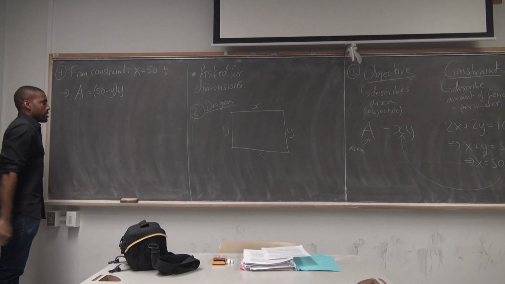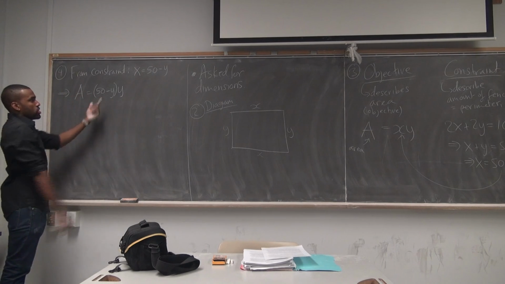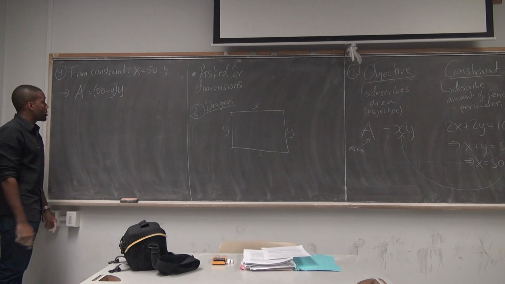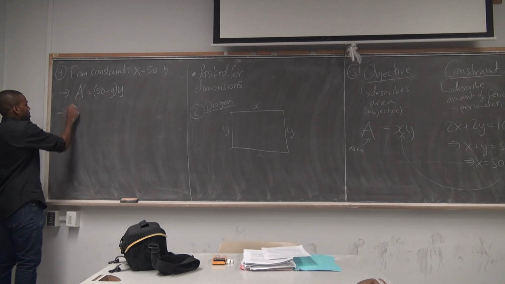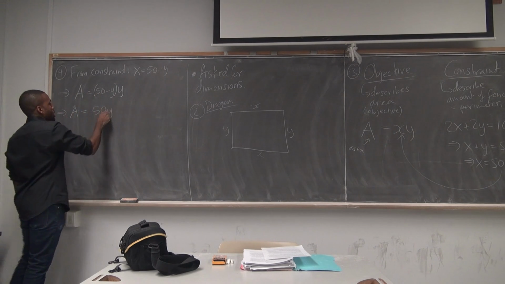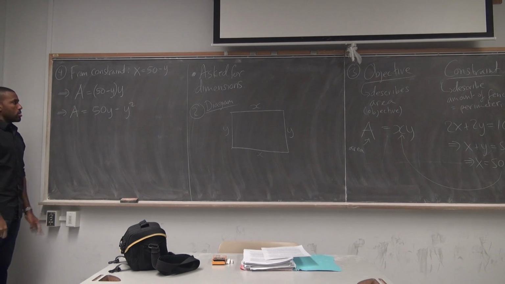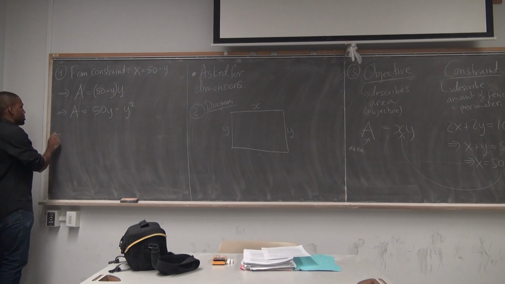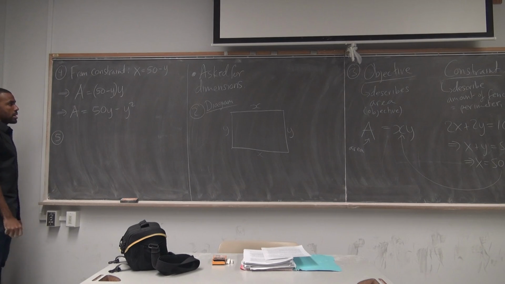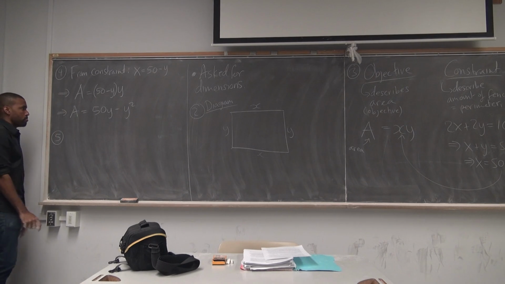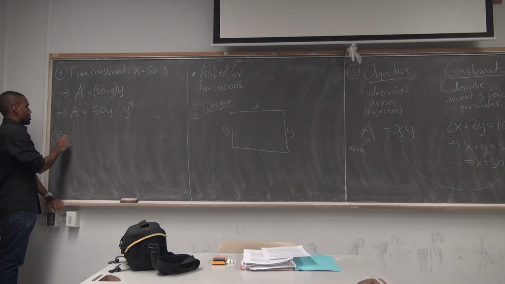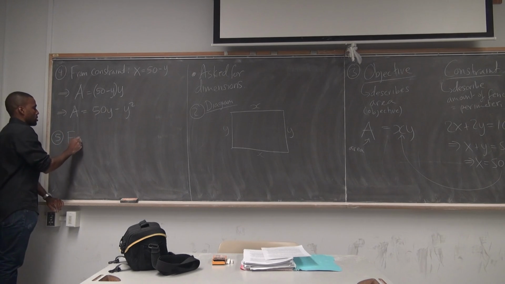So now what you realize is that I have a function that describes area in terms of the length of one of the sides of the fence. So my area is 50y minus y squared. Now I want to make this function a maximum, right? So how do I figure out where the maximum point here is? Derivative, we're going to find the critical points. 50 minus 2y.